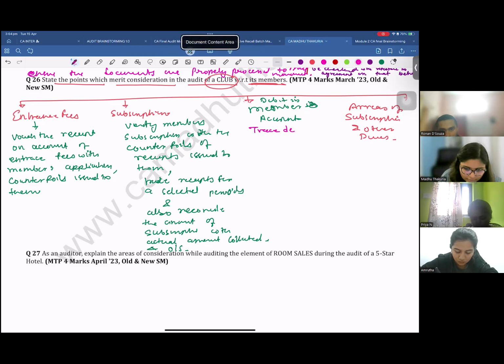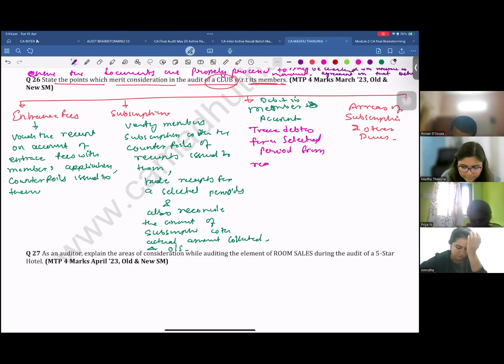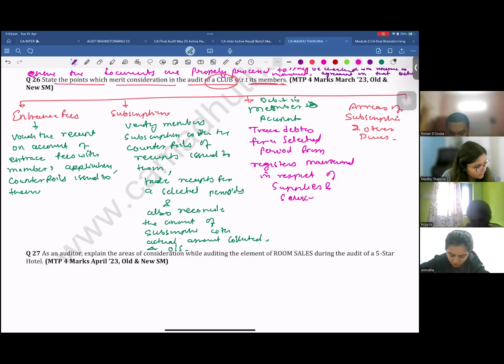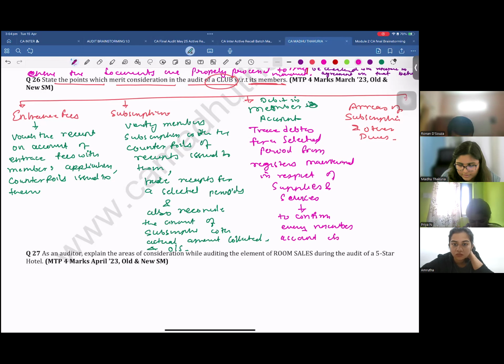Trace debits for a selected period from registers maintained in respect of supplies and services to confirm every member account is debited.